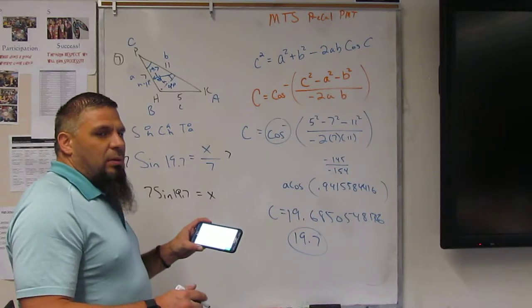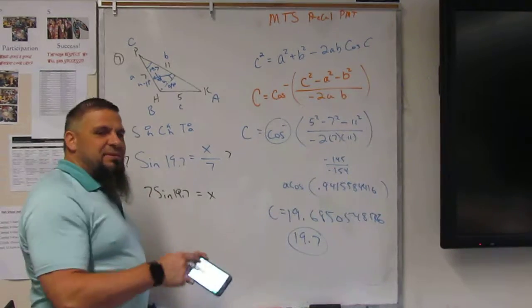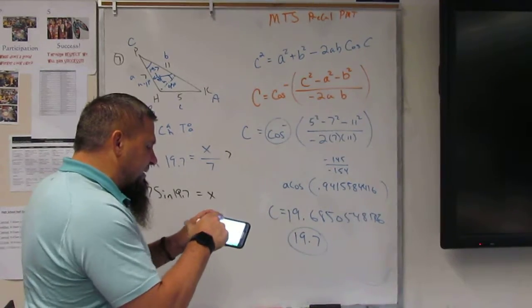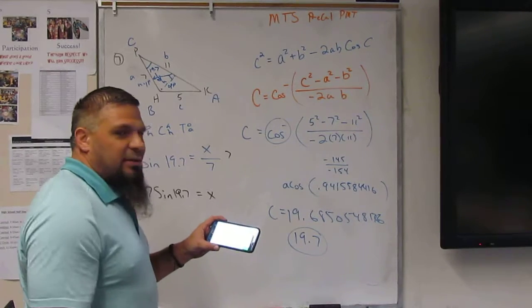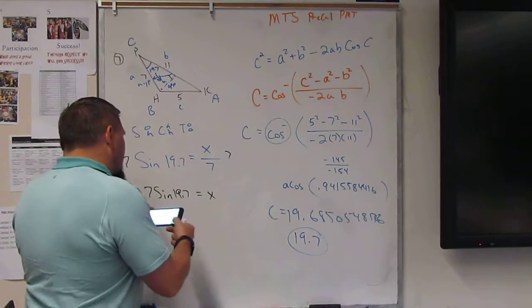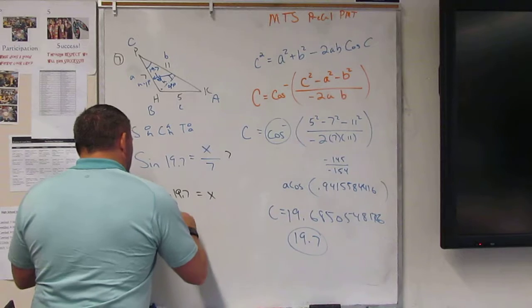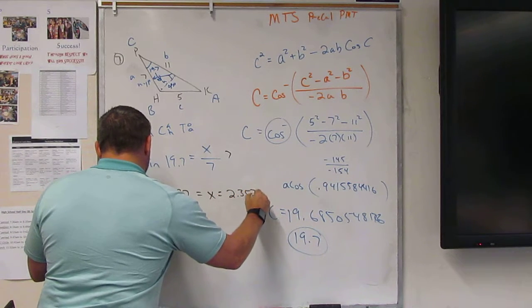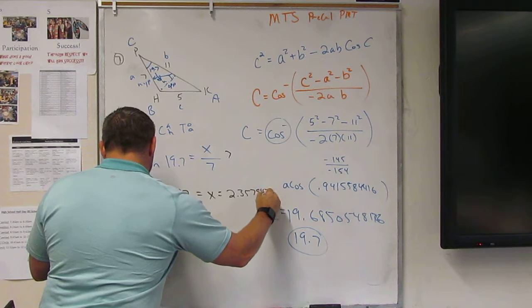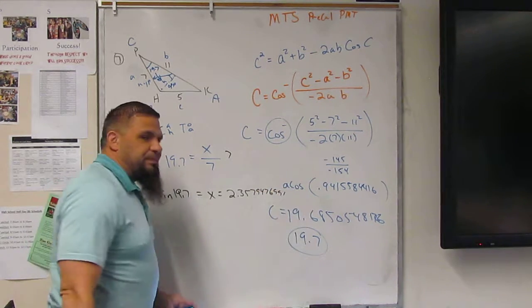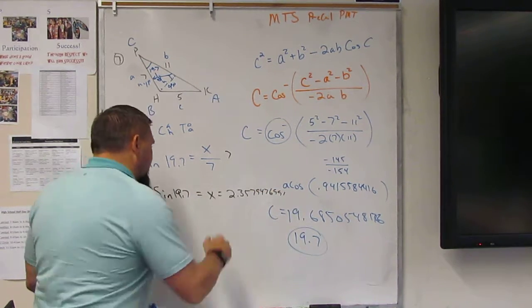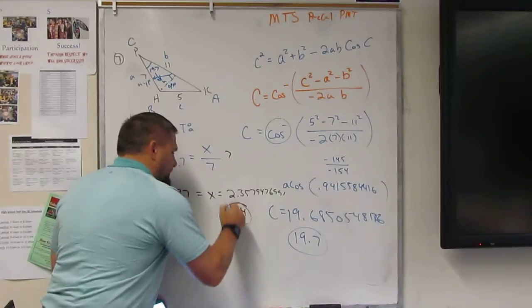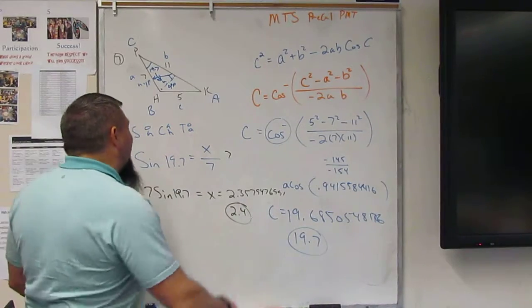And then, I wanted 7 times that. So now I'll just touch in front of the sine. It goes 7. And this is 7 times that. Hit equals, and I get x is equal to 2.357947691. Or in other words, 2.4. Okay? So that's my height.